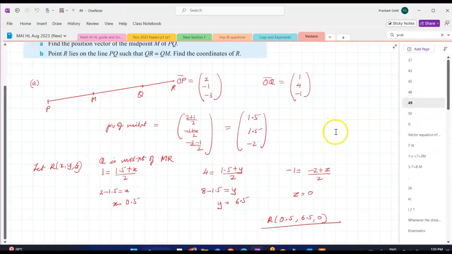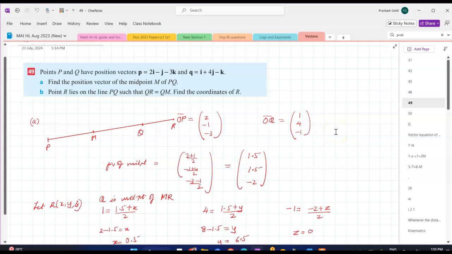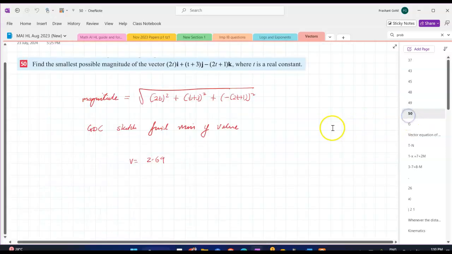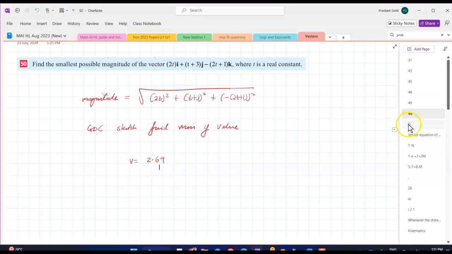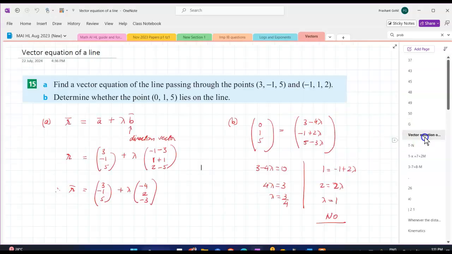Earlier parts, if you go through: midpoint, this is quite easy. Magnitude: smallest possible magnitude, you find a magnitude and the minimum level. Vector equation of a line: this is your direction vector. You do the subtraction, and that will be the direction vector. You put your point and your line. This is the equation.